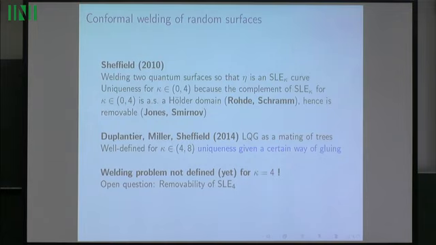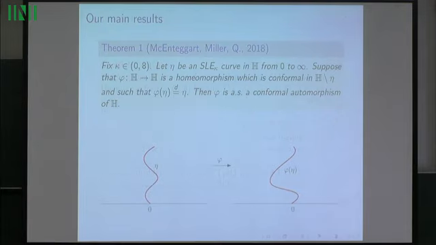So let me state our main result. For any kappa between 0 and 8, let eta be an SLE kappa curve in the upper half plane from 0 to infinity.